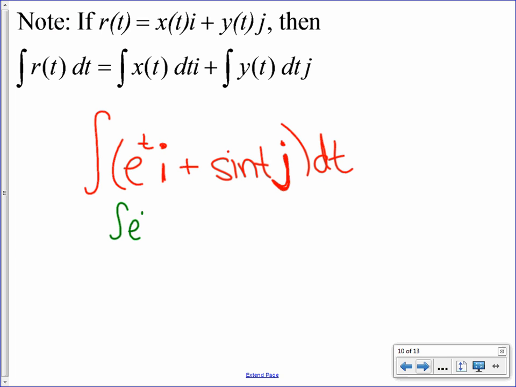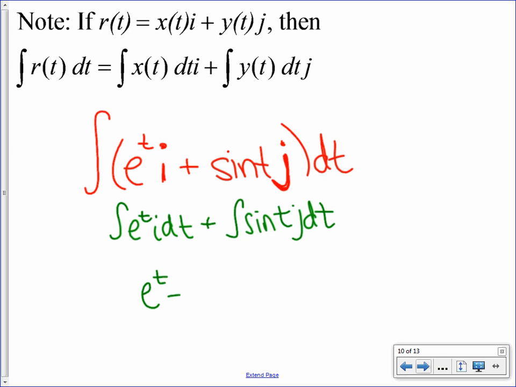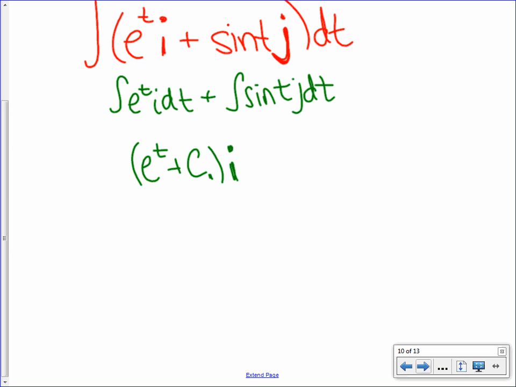So we're going to do this, right? Antiderivative: e to the t plus C, and I'm going to label it C1, plus negative cosine t plus another constant, j.